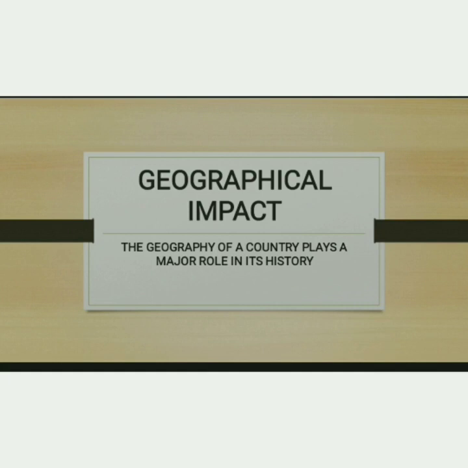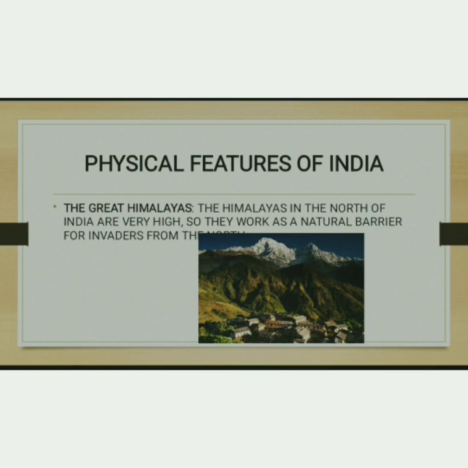Geographical impact. The geography of a country plays a major role in its history. Similarly, the geographical features of India have greatly influenced its people and their history. Even the name of the country India has its origin in its geography. The Iranians and Greeks called river Indus as Hindos or Indos, and so the land to the east of the river was called India.